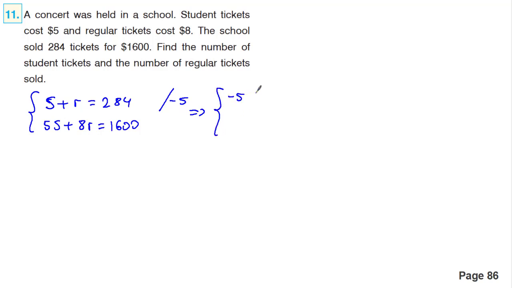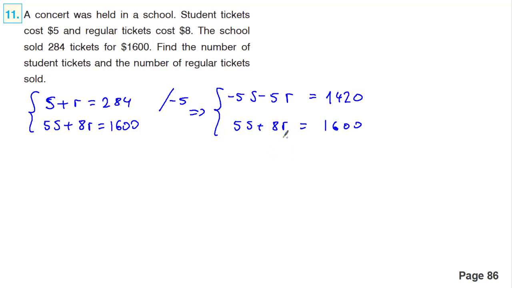We get -5s minus 5r is equal to -1420. 5 times 4, 20, carry 2, 5 times 8, it should be 1420. And 5s plus 8r is equal to 1600, like this.